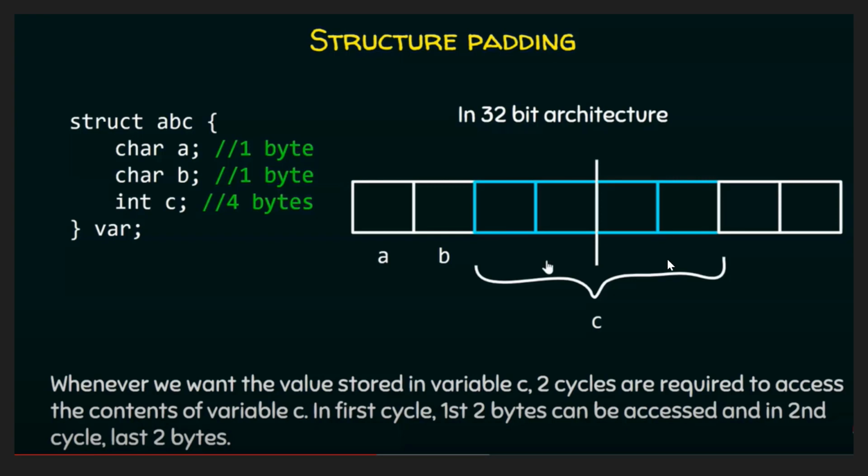Whenever we want to read the value stored in variable C, 2 cycles are going to be required to access its contents, because in the first cycle the first 2 bytes can be accessed, and then in the second cycle it accesses the last 2 bytes of the integer C. This is in the context of a 32-bit architecture.